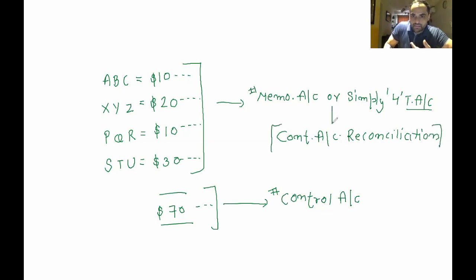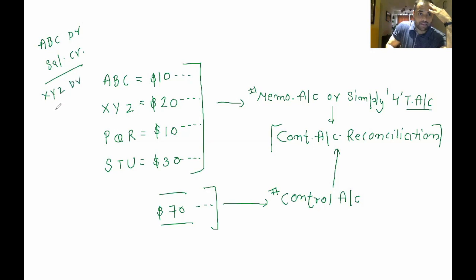This is the balance, right? One thing to remember, when you make a journal entry for these 4 customers, you know what a journal entry is. So let's say journal entry for this one is ABC debit and sales credit, account receivable debit, sales credit, right? Same thing here, XYZ debit and sales credit.